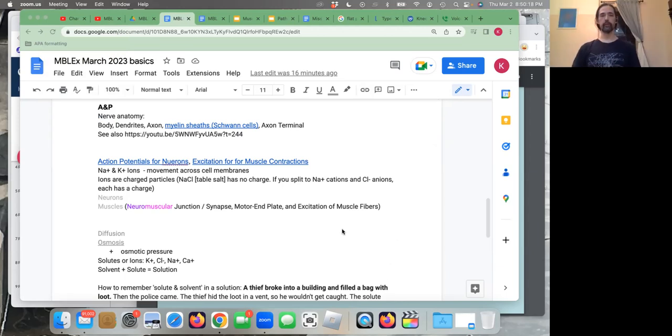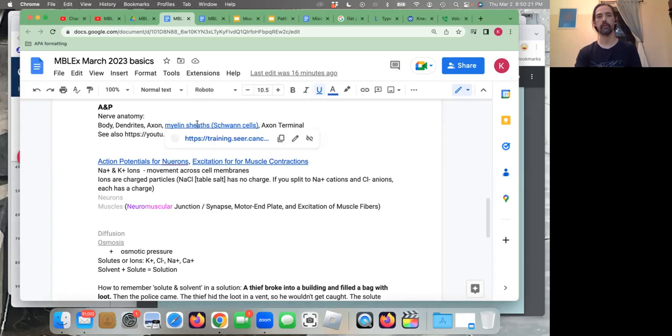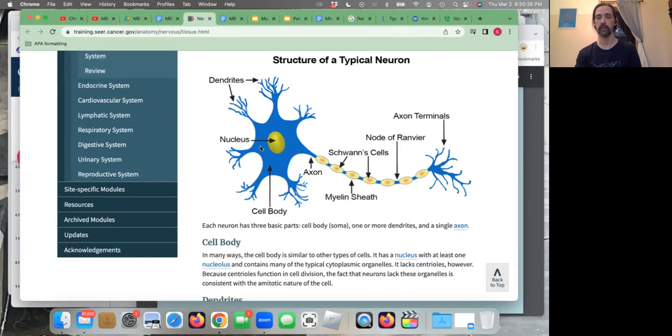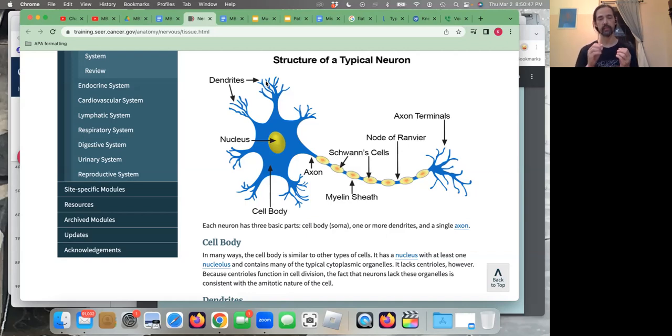Okay, recall that for nerves, every nerve has a nerve body, which contains all the organelles, including a nucleus that you would expect to see in other cells. Growing out of the nerve body are dendrites, and dendrites are similar to axon terminals at the other end. The role of the dendrites, the role of the axon terminals, is to increase surface area, to disperse and to collect information, sensory information, to disperse and to collect things like neurotransmitters.